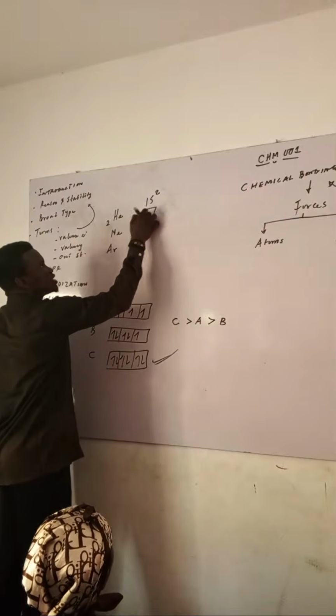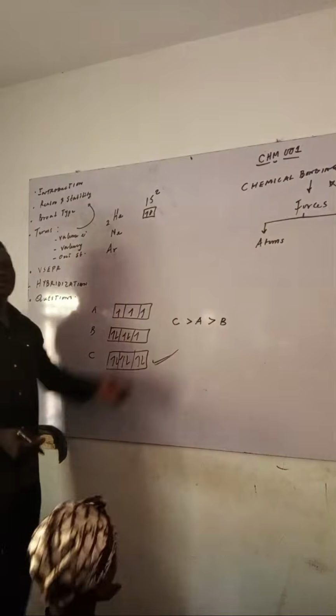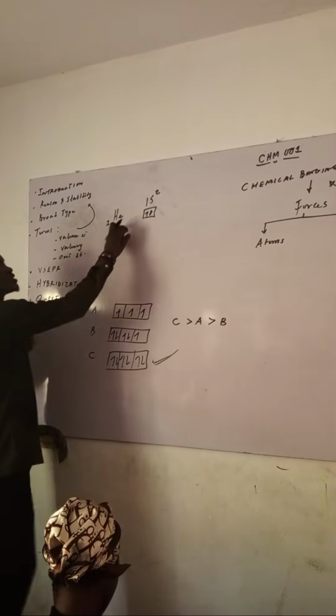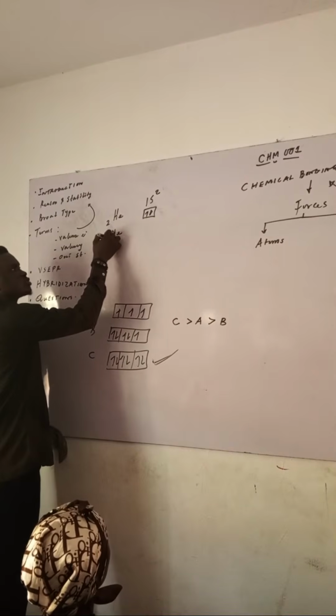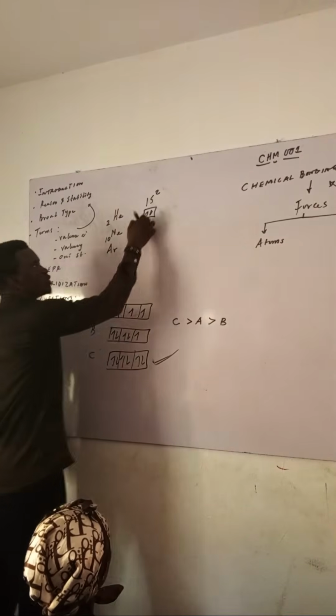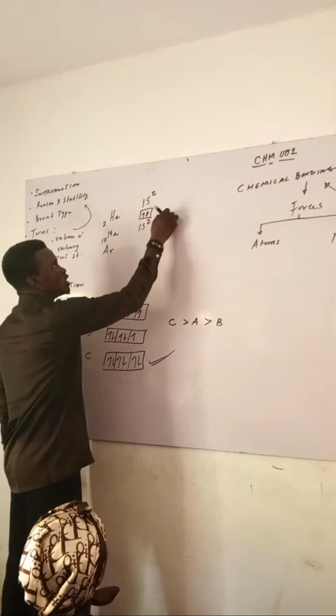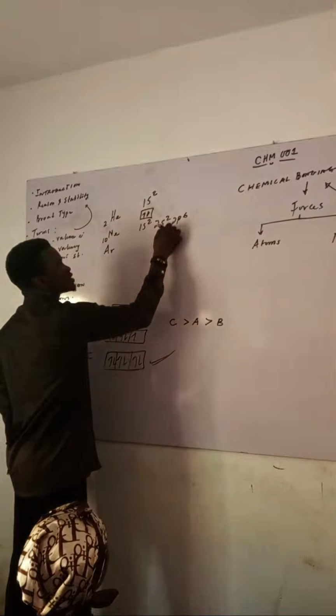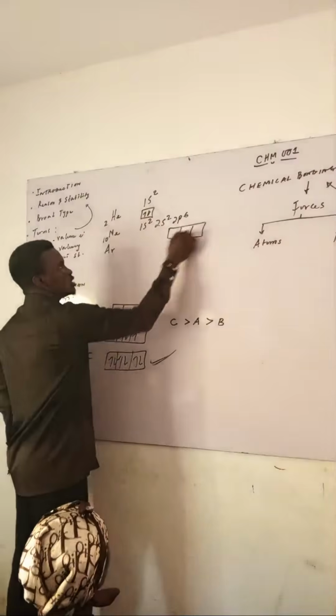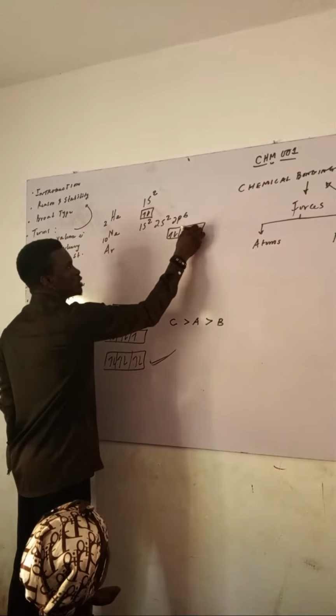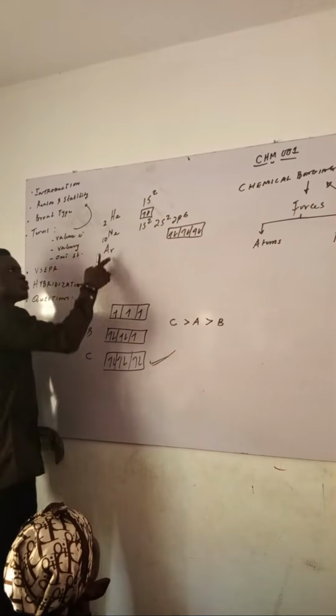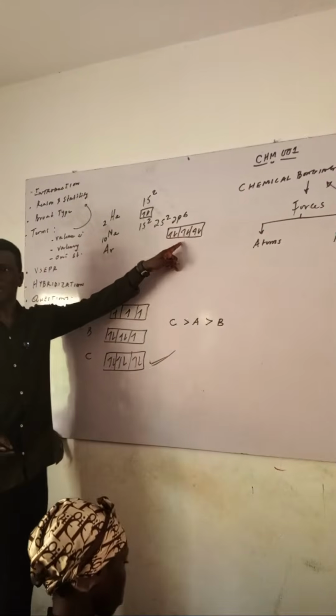If you draw it in the shell, it's going to be this, so it's stable. Look at neon. The atomic number for neon is 10. So if you write that, that's going to be 1s2, 2s2, 2p6. So when you check the shell, it is completely stable. If you do it for argon too, you will see the same trend.